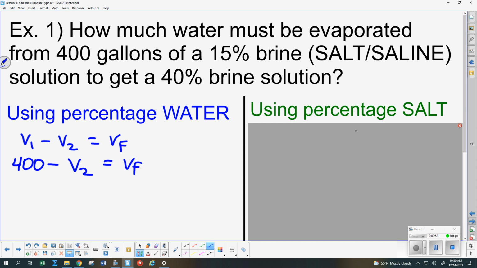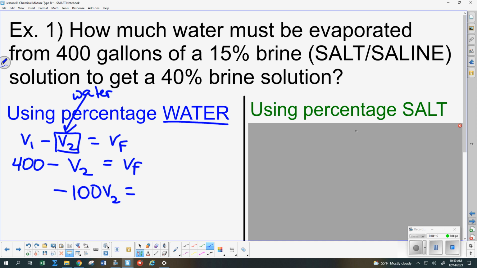Now, if I do these with percentages of water, I am boiling away water, and V2 is the one I need to end up with because it says how much water, so how much V2? Water is what percent water? It's 100% water. So I'm going to put my 100% times the V2.